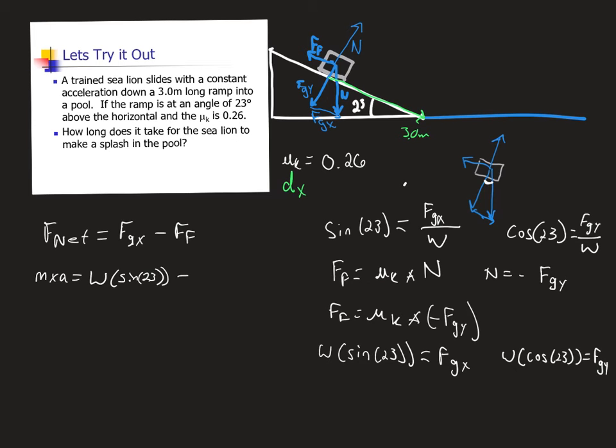And then force of gravity in the y minus the mu sub k times weight times the cosine of 23. Running out of room real fast here.